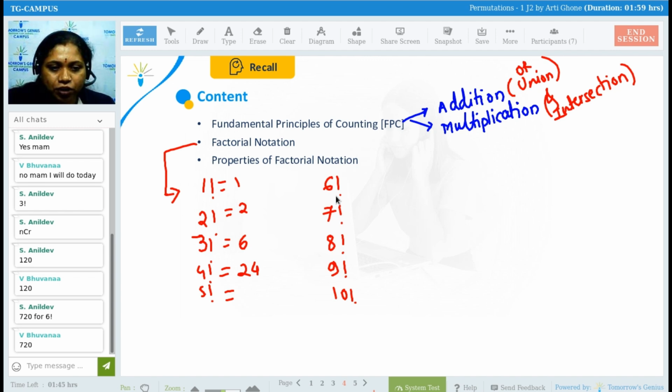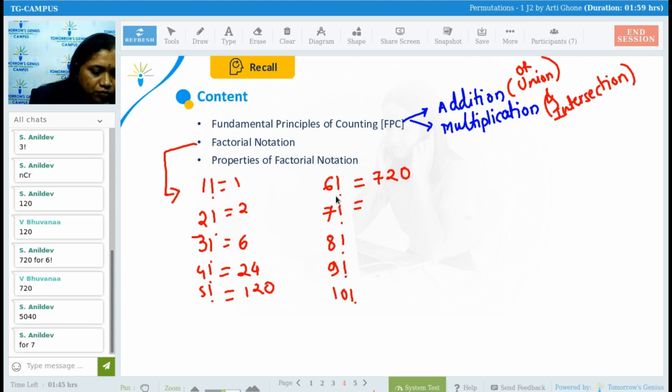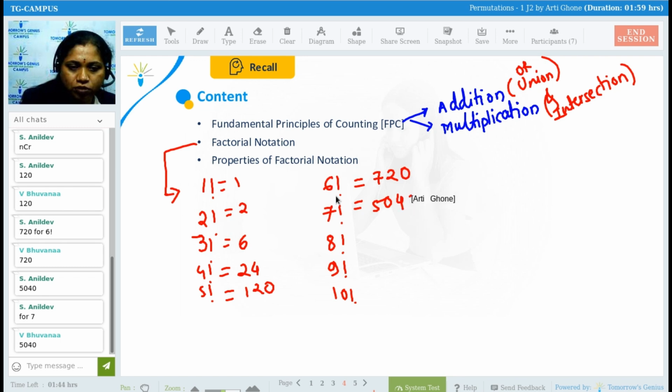Okay, 5 factorial, 120, fine. 6 factorial, 720, good. 5040 for 7 factorial, okay.